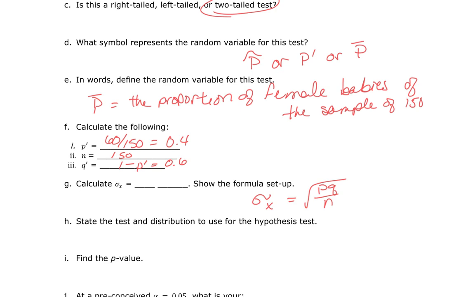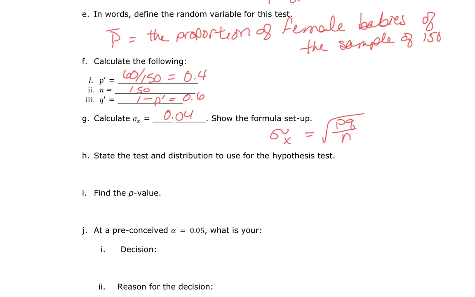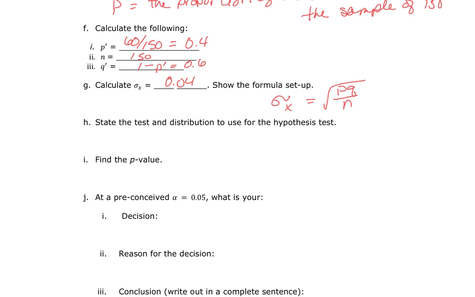That's the calculation. I'm going to use a spreadsheet, and it's 0.04. What is the distribution? Well, p prime is approximately distributed as a normal distribution, where I use p, and I use the sigma, which is the square root of pq divided by n. Those are not primes, those are p and q.